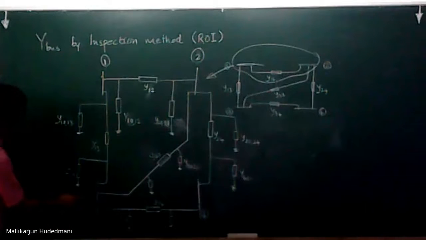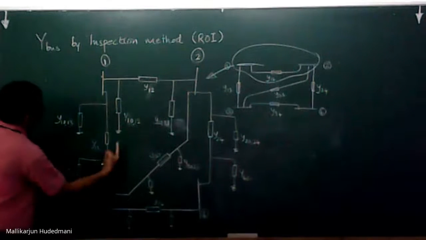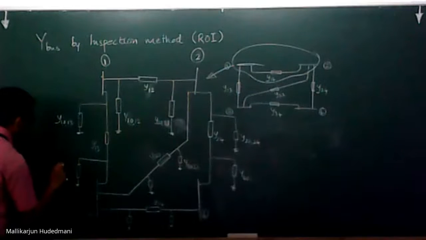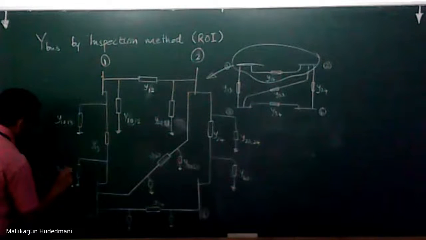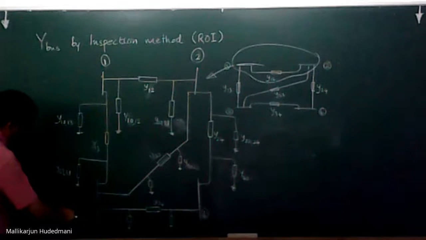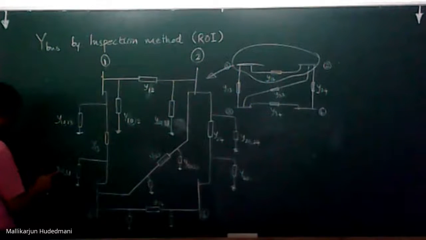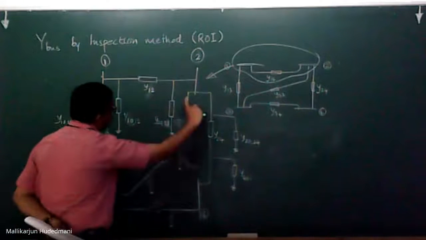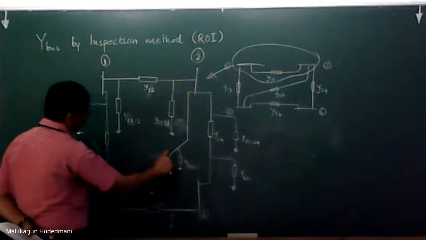Now I look into this. Bus 3. 3 to 1, I have a connection, Y31. So I will rearrange this as Y30 31. 3 to ground because of 3 to 1 connection, Y30 31. Now here 3 to 2 connection and Y23 this one.